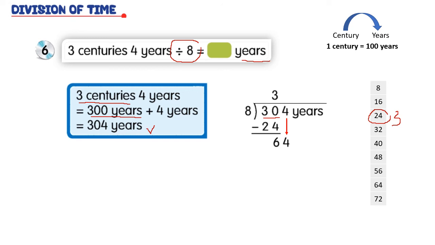Look again at times table 8. There is 64. It is 8. So write 8 at the top. Again, write 64. Okay, 64 minus 64 is 0. So 38 years, this one is the answer. So 3 centuries 4 years, when you divide it by 8, you will get 38 years.